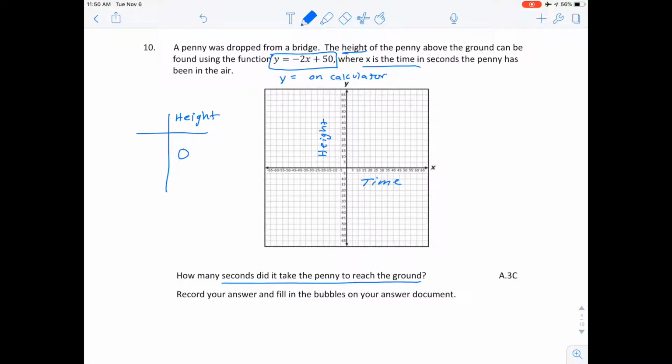So if you go to y equals and you type that equation in, you want to know how many seconds did it take for that penny to hit the ground. So you're going to look on your table for where the y value is 0. And so you'll see that at 25 seconds, the height is now 0. So how long did it take to hit the ground? 25 seconds, or just 25, because you'll bubble in your answer here.